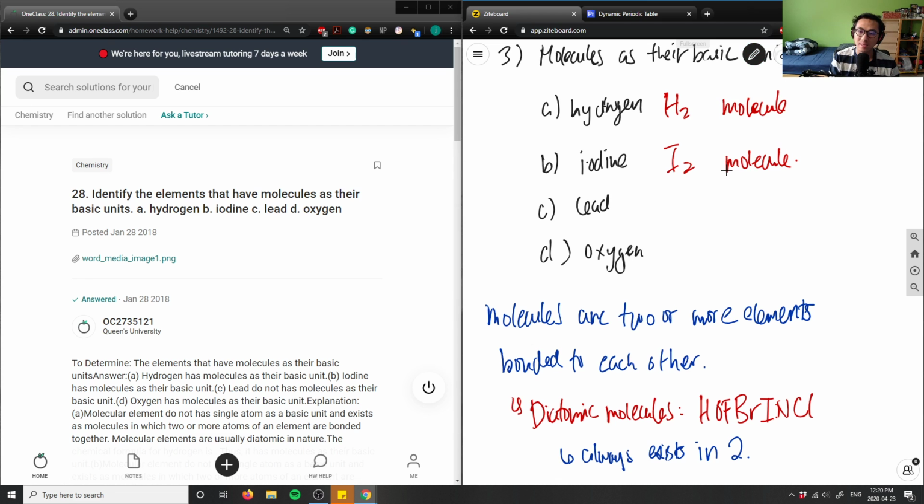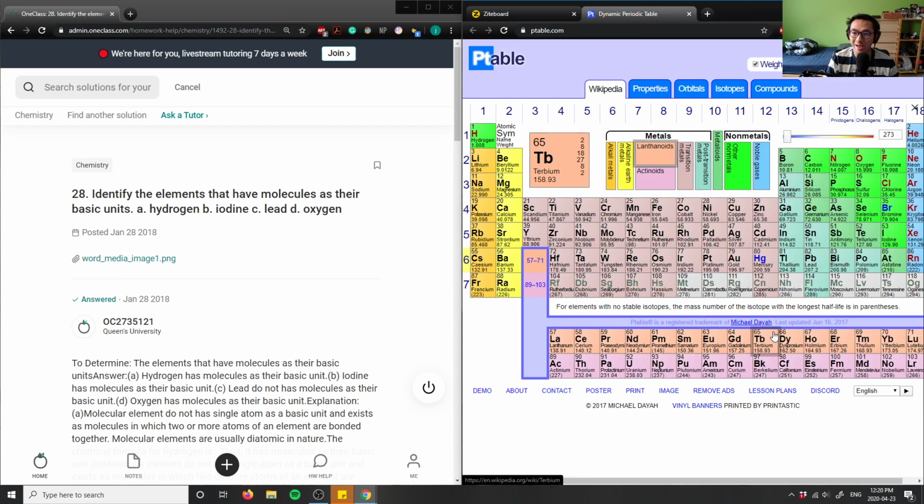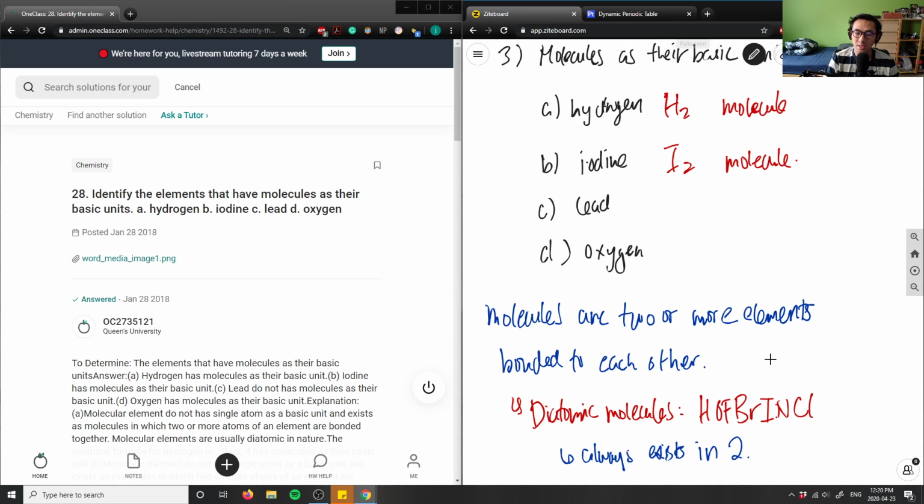Lead here, if you look at the chemical formula for lead, is over here, right? It's Pb. This is number 82, Pb. And this is not a diatomic molecule, which means I can simply put Pb by itself. If I only have one of the element, this is not a molecule. And oxygen is again in my diatomic list, right?